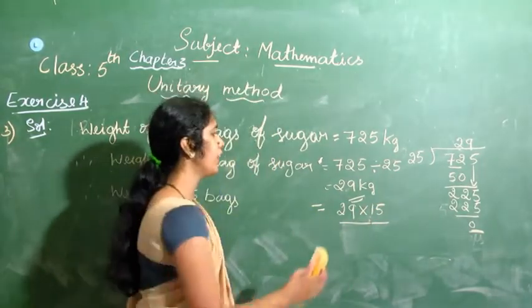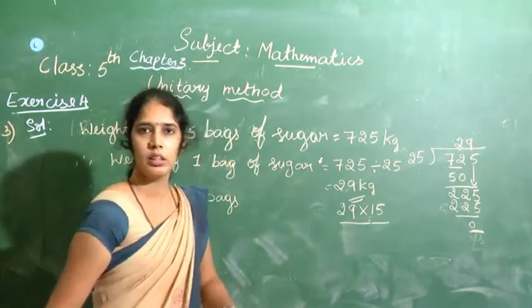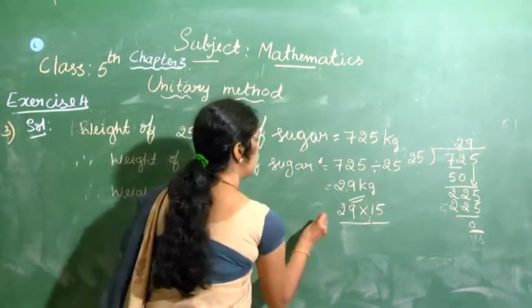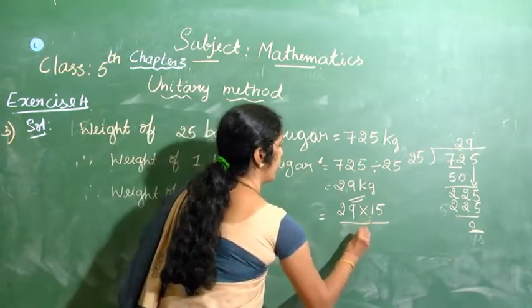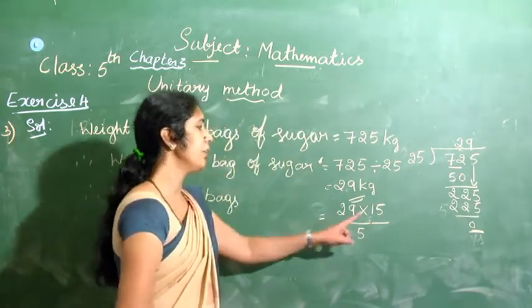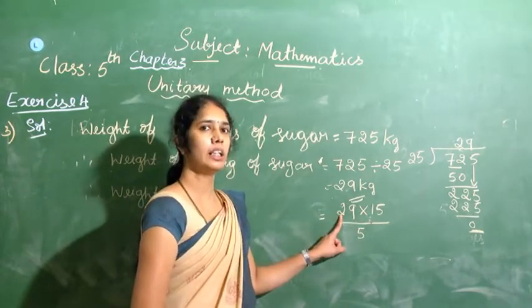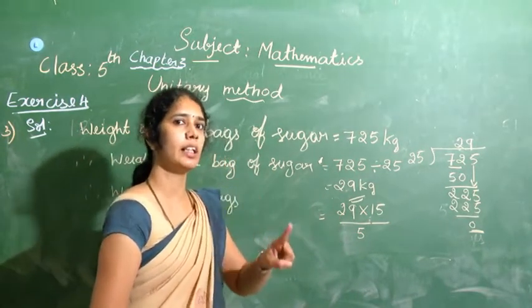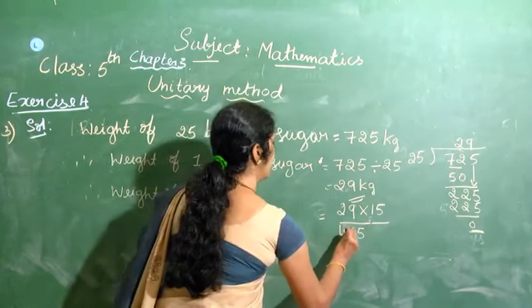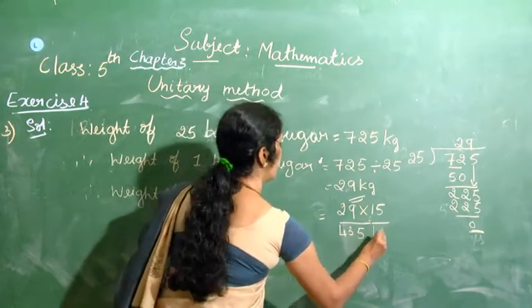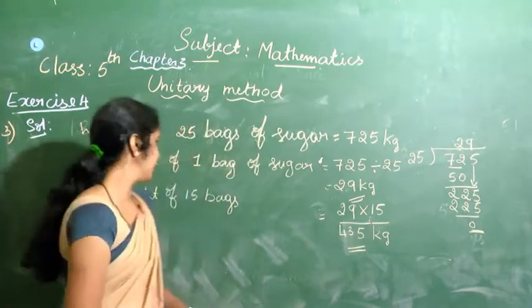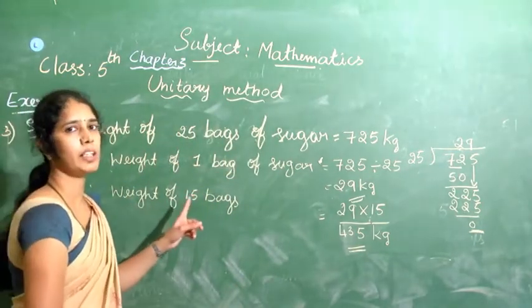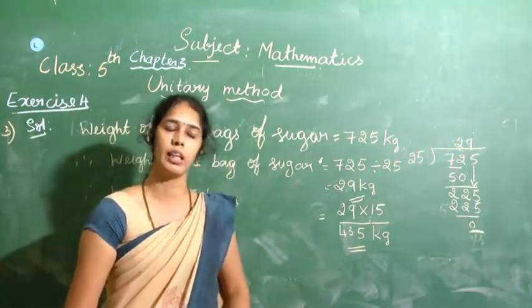What is 15 nines? 15 nines are 135. 30 in hand. 5 twos are 10, 10 plus 3... 30 plus 13 is 43. Therefore, the answer is 435 kg. Weight of 15 bags equals 435 kg.